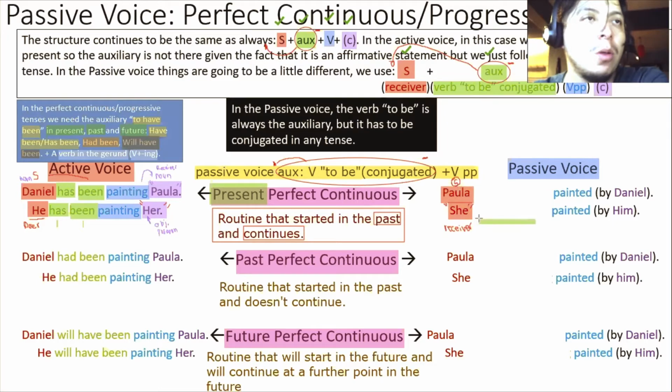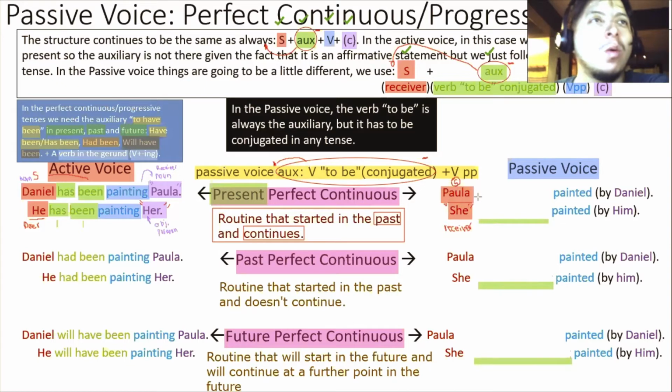Okay, so the auxiliary should be here. I want you to think about it, and we're going to get together to a conclusion. We're going to find out what the auxiliary is for the passive voice in the perfect continuous tenses. The verb, as you remember, in the passive voice is always in the past participle.